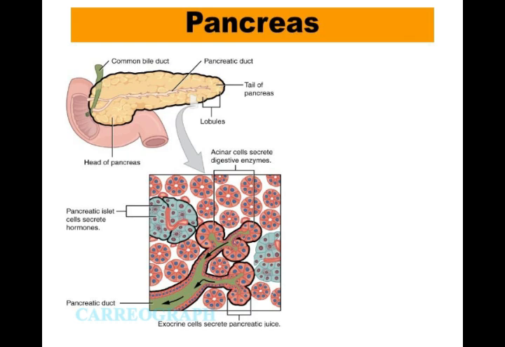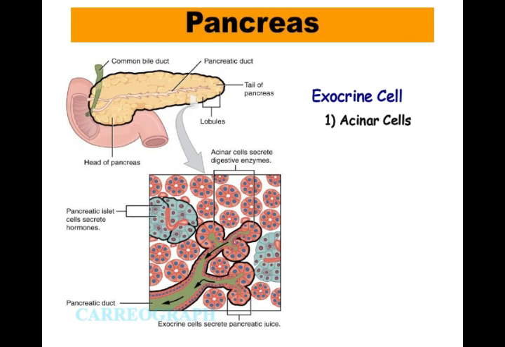It is also called a mixed gland because it has both exocrine cells as well as endocrine cells. The exocrine cells of the pancreas are called acinar cells. These acinar cells of the pancreas secrete pancreatic juice, which contains enzymes like trypsin, amylase and lipase.